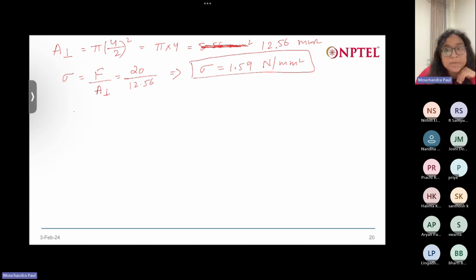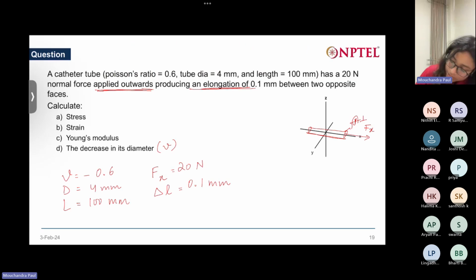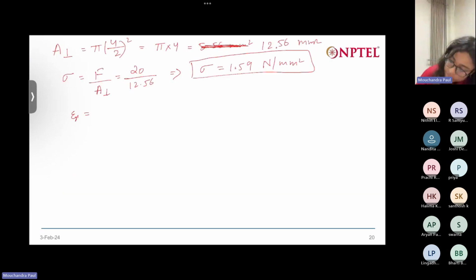Now we have to calculate the strain. Strain we will calculate in the direction parallel to the force, that is, in the x direction. That is why I'm using subscript x. Change in the length is given to us, and total length we also know, so it will be just the ratio of that.